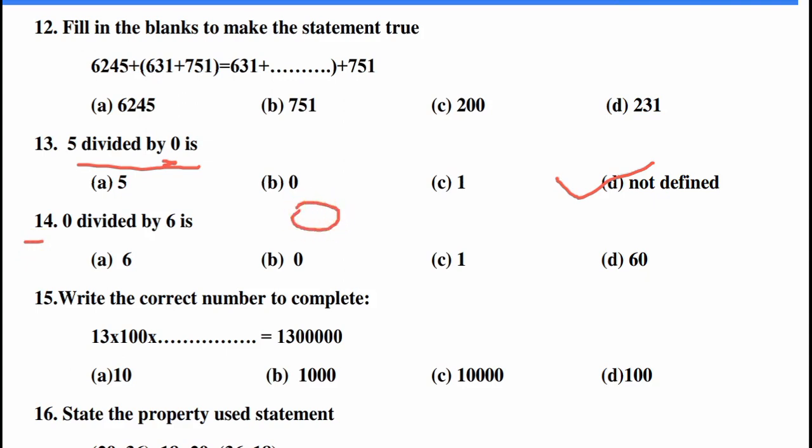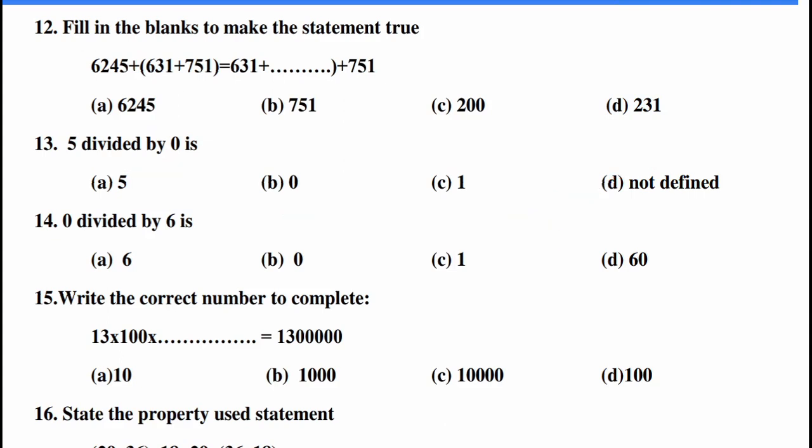If we divide 0 by 6, then answer is 0. Whenever you divide 0 by any number, you will get the answer 0. If you divide 0 with any numbers, then you will get the answer 0.